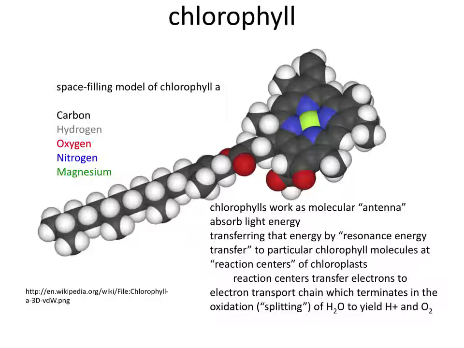These reaction centers transfer the electrons from these molecules to the electron transport chain, and the end of this process splits a water molecule to yield hydrogen ions and oxygen. So these complexes of chlorophyll molecules that are organized into reaction centers, this is where this key process takes place.